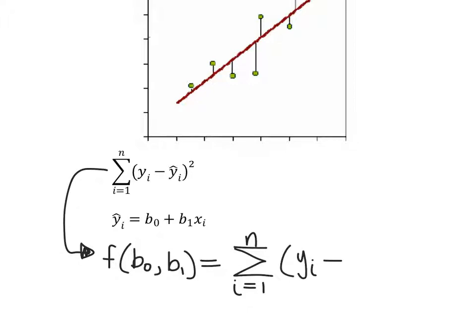Now, the y hat, we're defining that as B0 plus B1 x sub i.